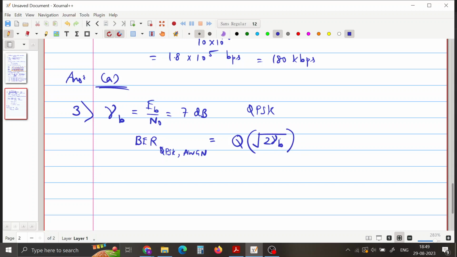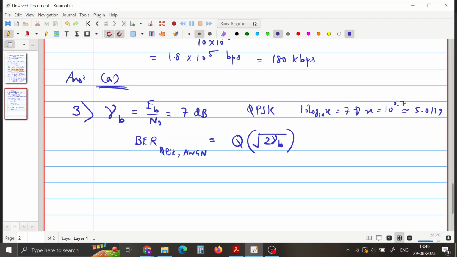But before that we need to do one small thing, which is converting from dB to linear scale. So 10 log base 10 of x is 7 dB. So your x, you will find, is 10 to the power 0.7, which is approximately 5.0119.